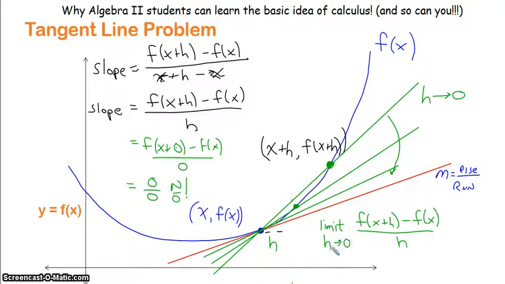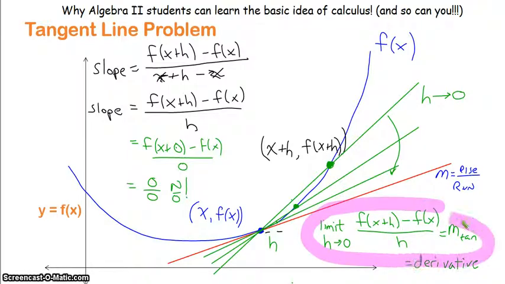So as h gets smaller and smaller, we end up with the slope of that red line. So we end up with the slope of the tangent line, which in calculus is called the derivative. And the derivative is probably the most important concept that you learn for the first few chapters in Calc 1. And it's nothing more than this.